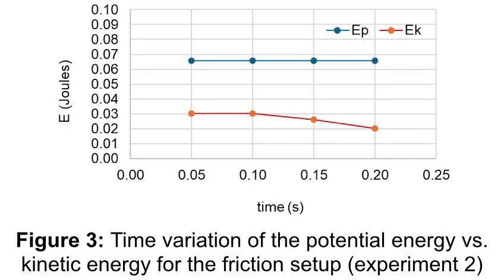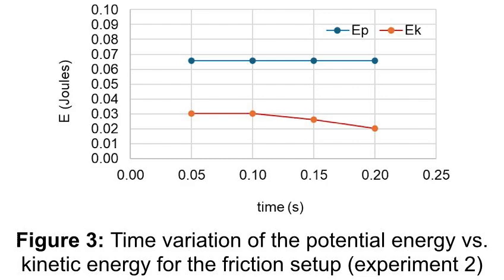The second graph shows the relationship between potential energy stored in the spring and the kinetic energy of the puck over time on a frictional surface. Ideally, if no energy were lost to friction, the potential energy of the spring would be the same as the kinetic energy of the puck throughout the experiment. However, in this case, the potential energy is higher at the start, and as the puck moves, friction causes energy loss.